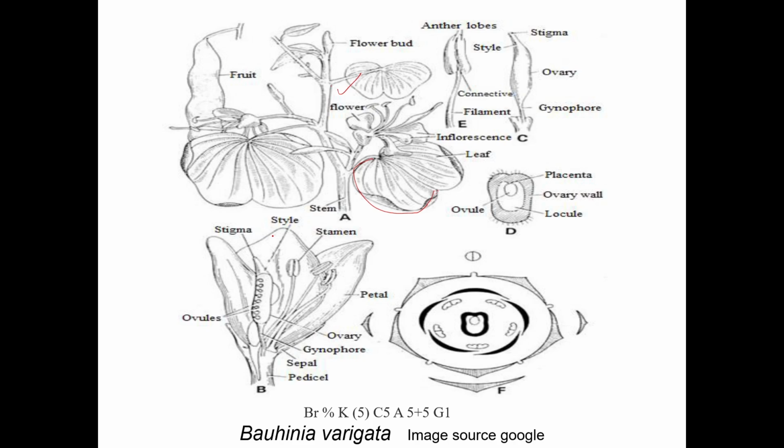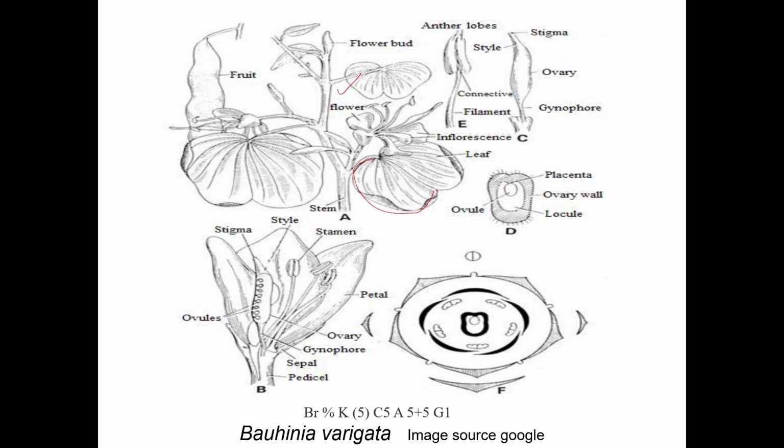Then next, if you see the flower, you can see there is a marginal placentation, that is the gynoecium is made up of a monocarpellary ovary. The style and the stigma are capitate, and there are only 5 stamens you can see here in this particular floral diagram. And the anthers are bithecous and the ovary has one locule and marginal placentation.